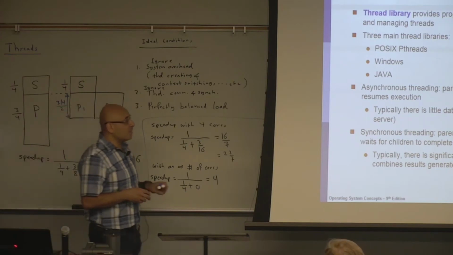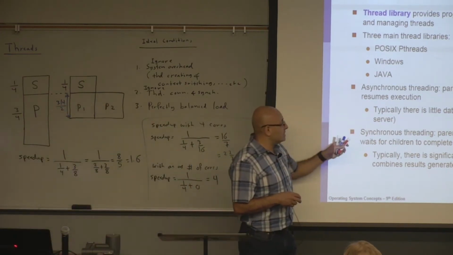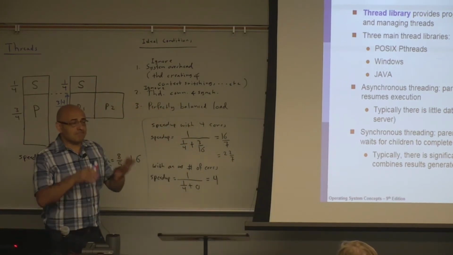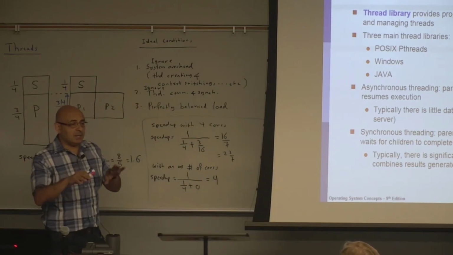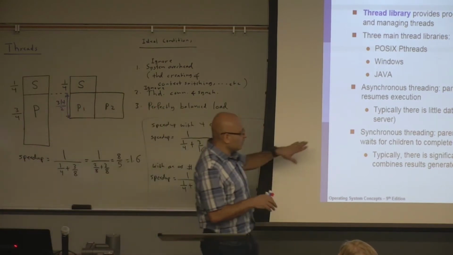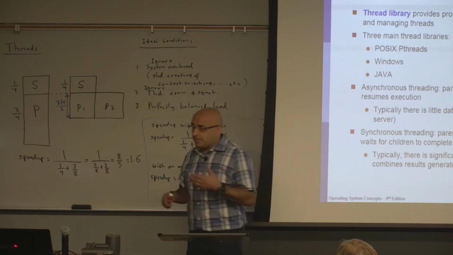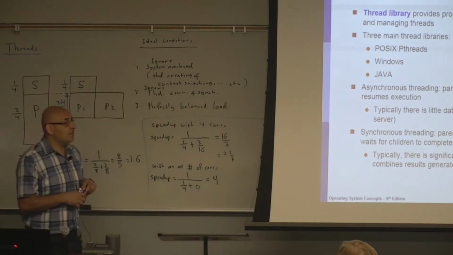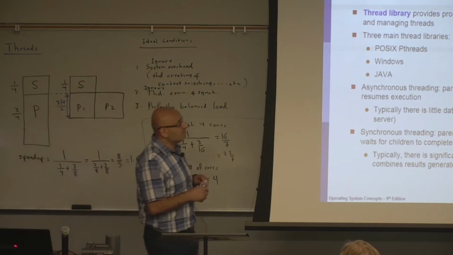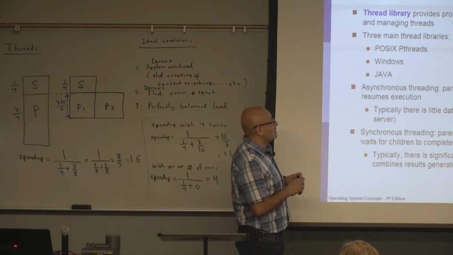We have the concept of asynchronous threading and synchronous threading. Asynchronous means the parent thread and the child thread or threads are running in parallel, while in synchronous, the parent thread is going to wait for the child thread. Now in the assignment, we will be doing both.